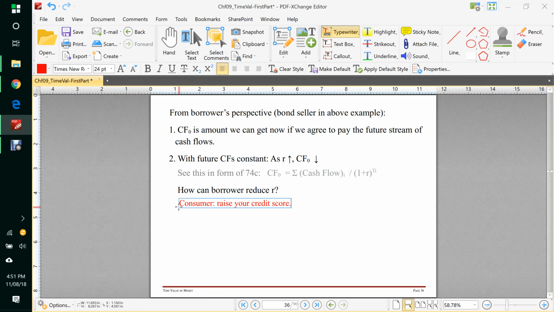A good thing to do is get a credit card as soon as you can in your name, not guaranteed by your parents, and spend a little bit on that credit card every month or two and pay it back promptly, okay? And that will help give you, within 2 or 3 years, a pretty high credit score.